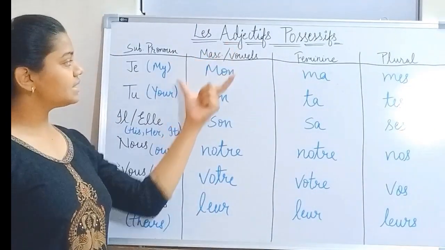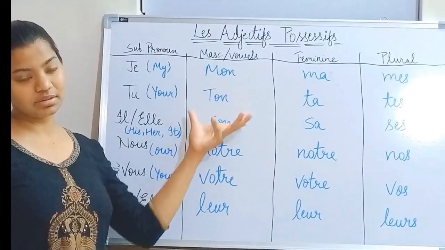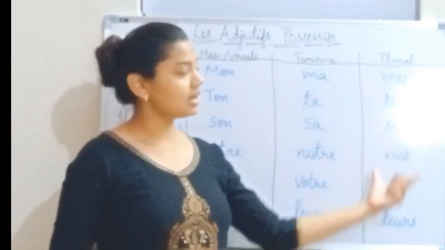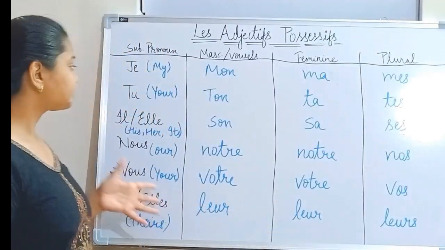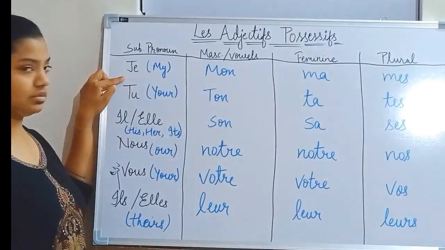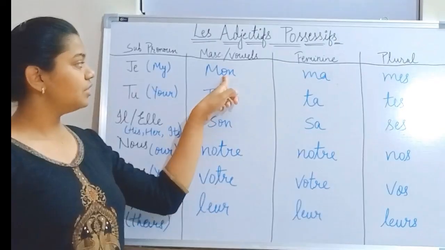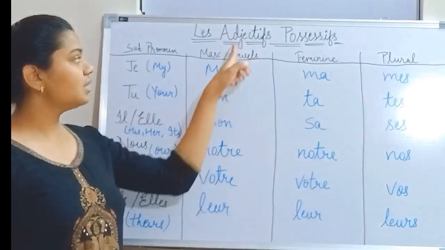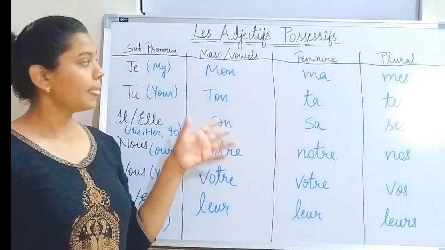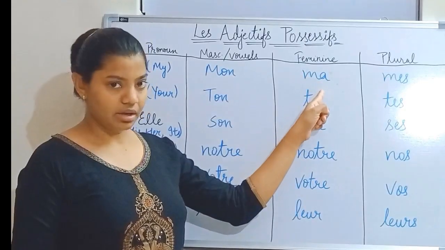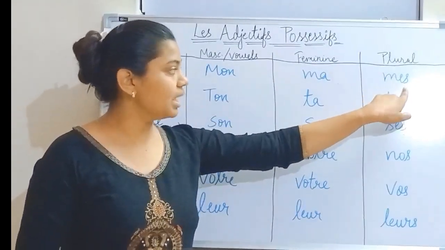Okay, this is the masculine possessive adjective, this is feminine, and these are plural. Okay, so with je we use mon as a possessive adjective, and for feminine we use ma, and for plural we use mes.